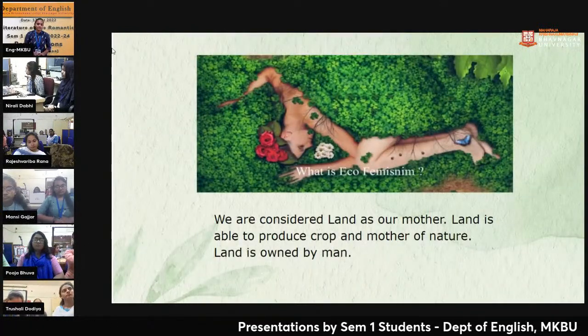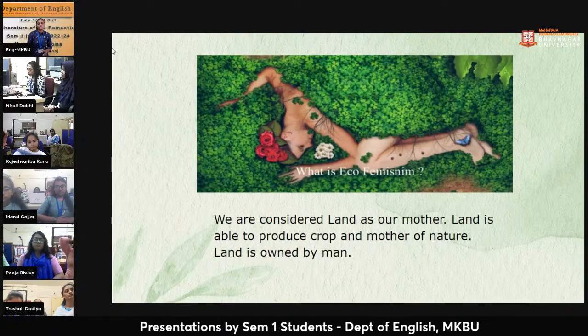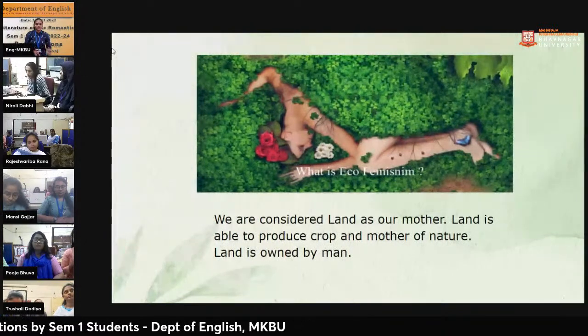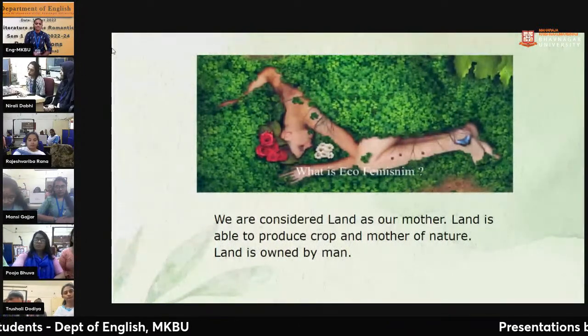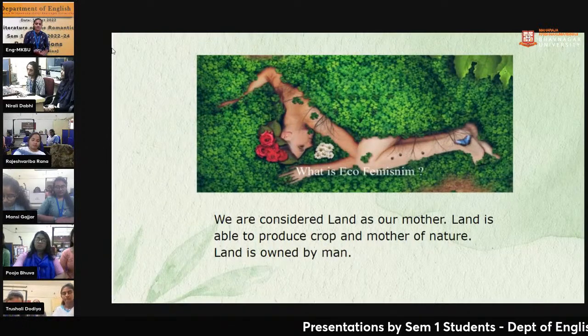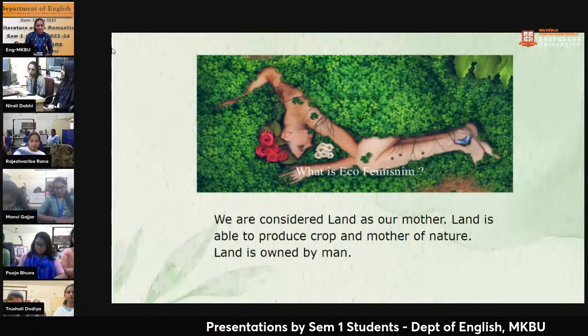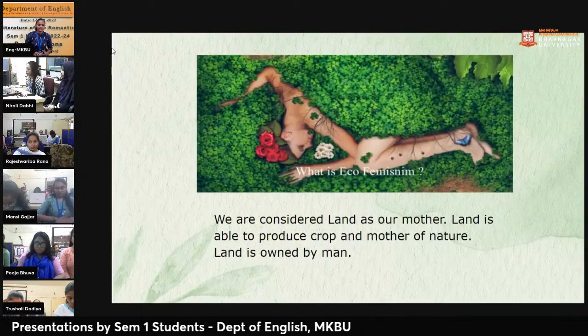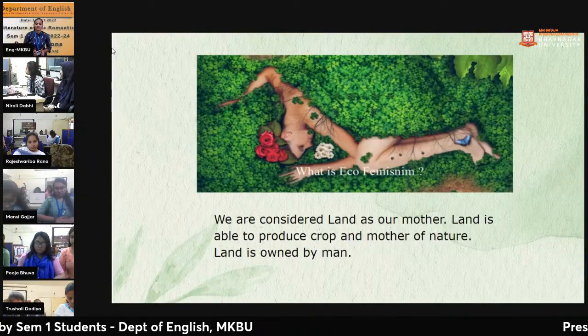Ecofeminism is one of the many terms under eco-criticism. We consider land as our mother, and our mother is a female.